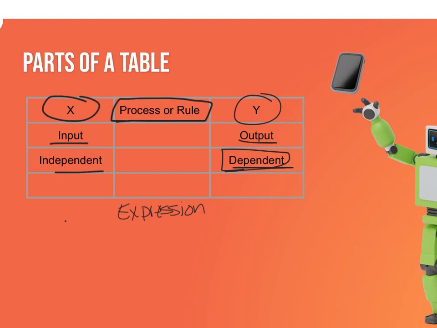And so that's what the parts of the table are. We have our x, our input, our independent, and we have our y, output, and dependent. All right, so fill in the question below, and then we'll move on to the next video in a minute.